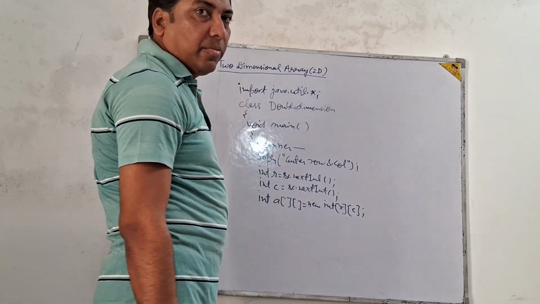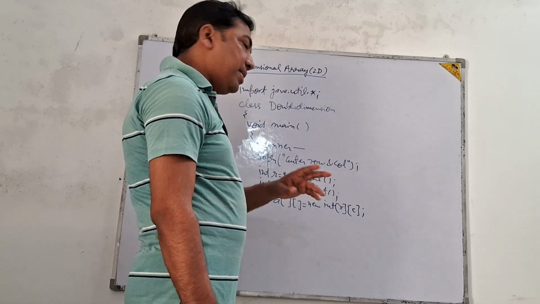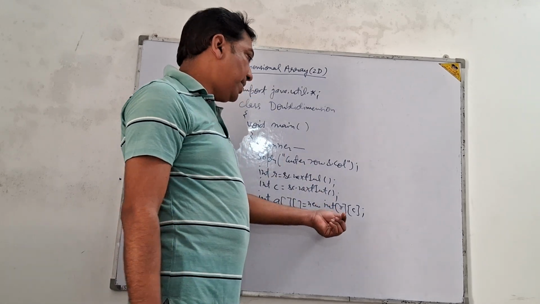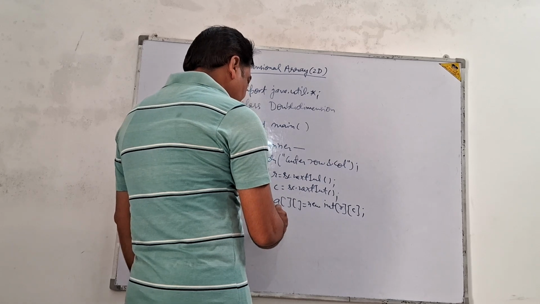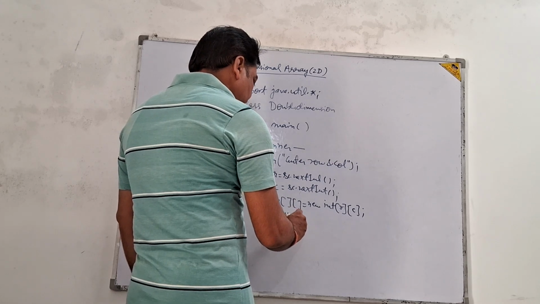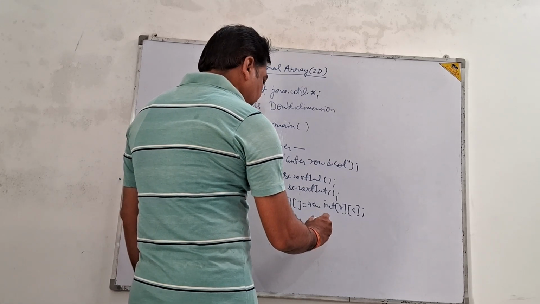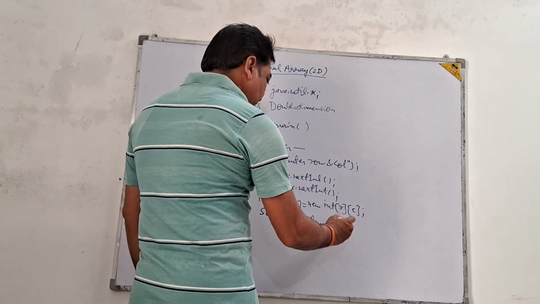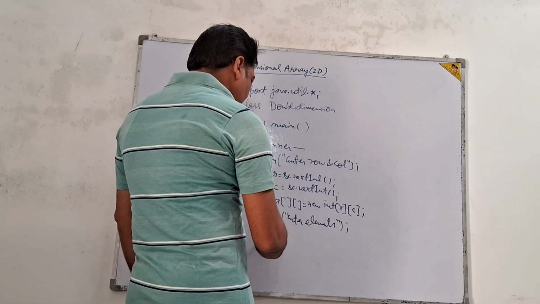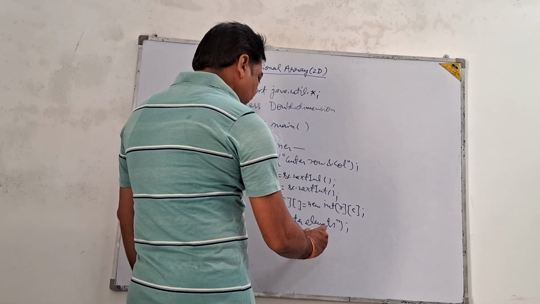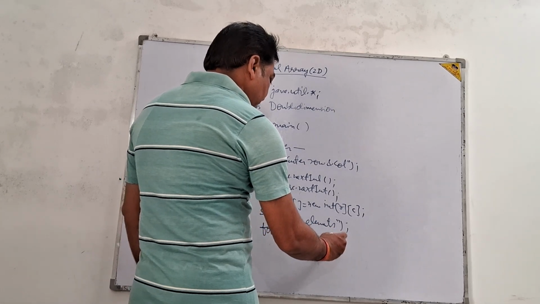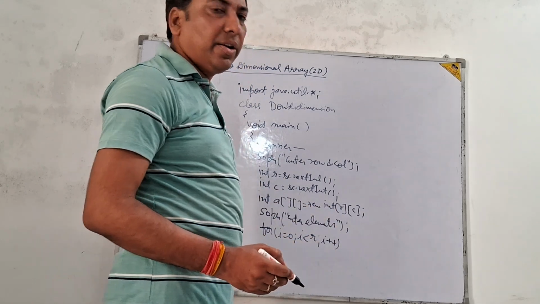After that, for taking input of a 2D array, generally we run two loops. The first loop represents the row and the second loop represents the column. Suppose you are entering an element. The first loop will be for i equal to 0, i less than R, i plus plus. The first loop is generally for less than row.